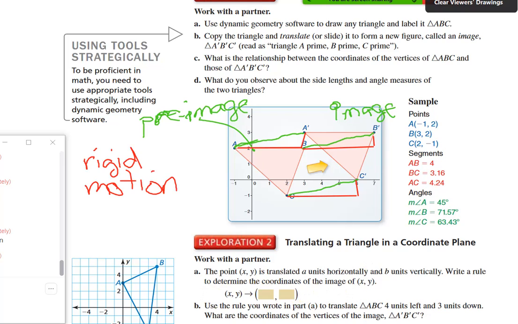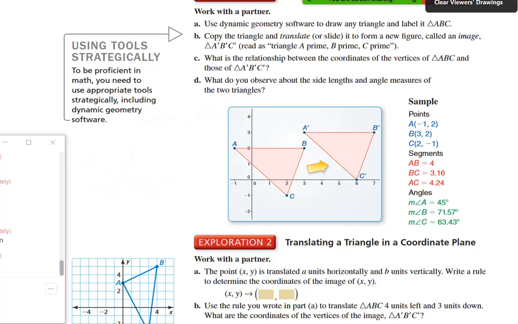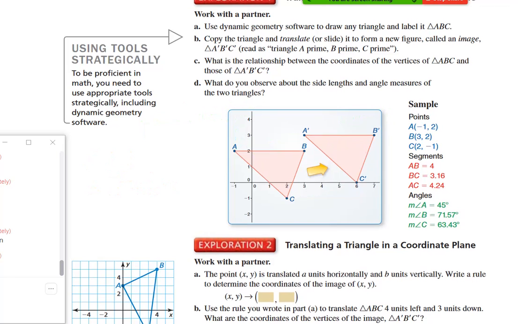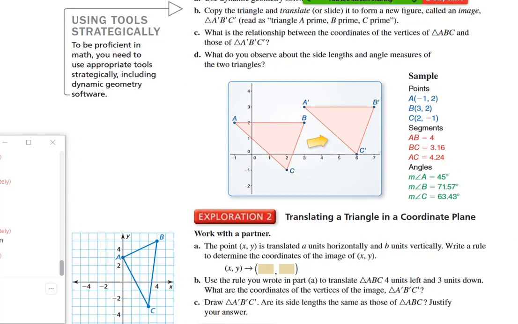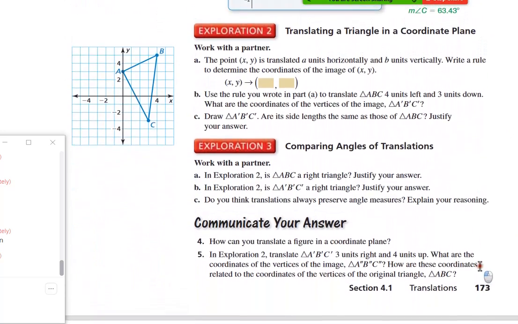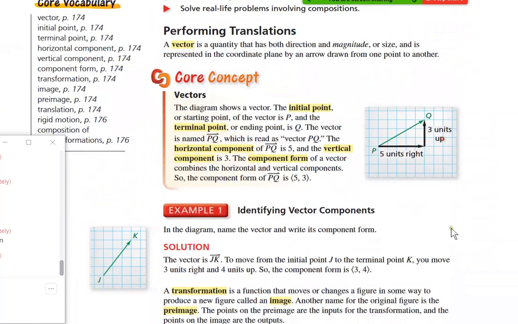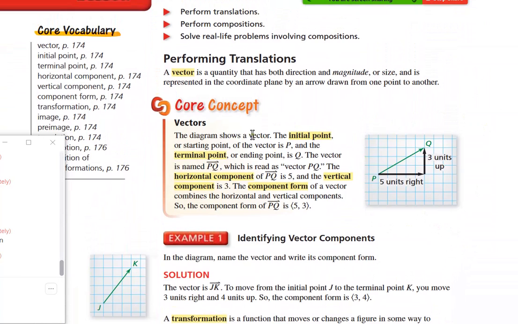Let me clear my drawings and scroll down here. We call this translation a vector. This is the little arrow I talked about first, and you could break it, instead of one diagonal motion, into 2 motions, one horizontal and one vertical, which is great for us because we have this coordinate plane.